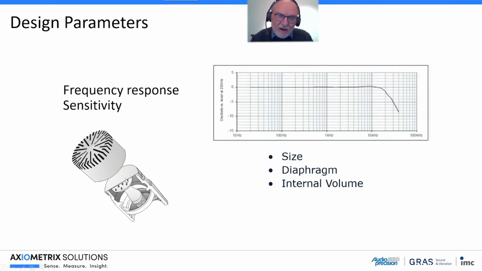The internal volume is what we have behind the diaphragm, the little cavity down to our insulator.